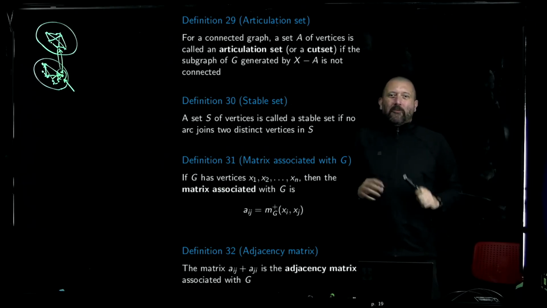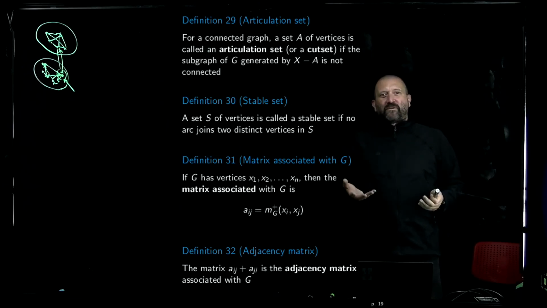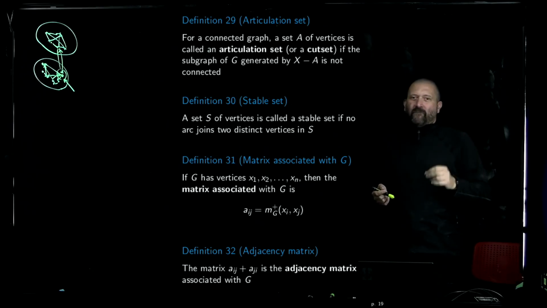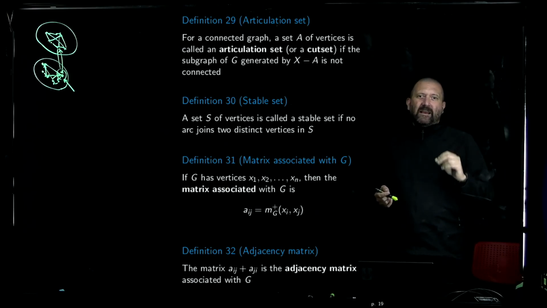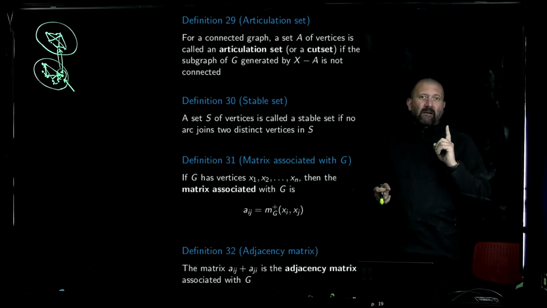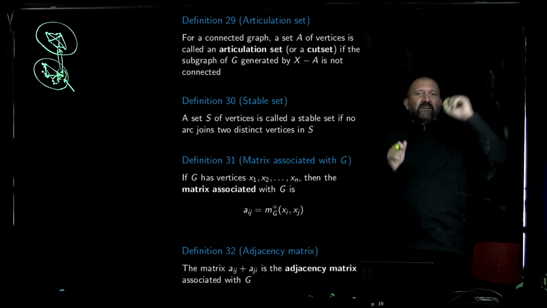Okay, if you have a graph, you can associate to it a bunch of matrices. So one of them would be the matrix that has entry Aij, the number, remember this is the multiplicity of xi, xj, so that would be the number of arcs between xi and xj.